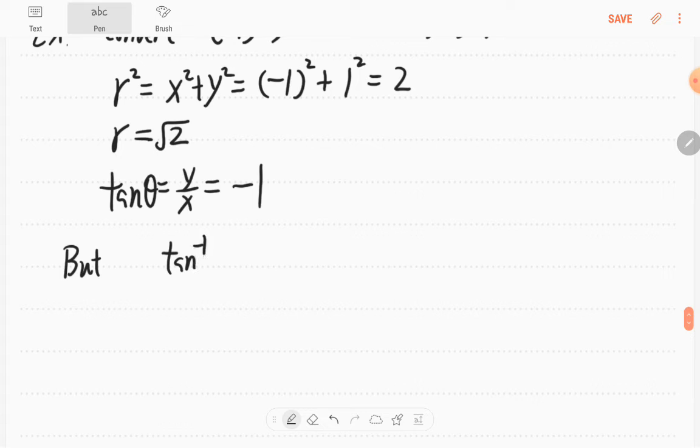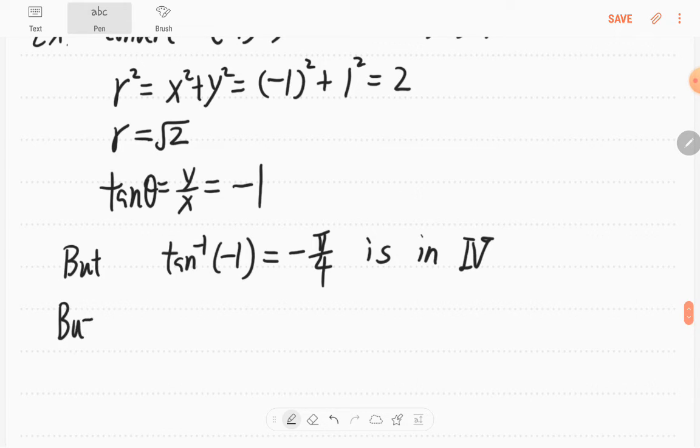However, if we look at the arctangent of -1, tangent inverse of -1, which is equal to -pi over 4, this one is in the fourth quadrant. But our point -1 and 1 is in the second quadrant, not in the fourth quadrant.